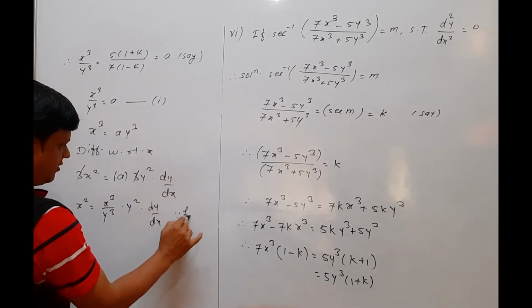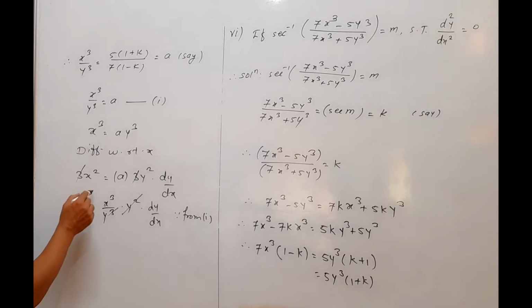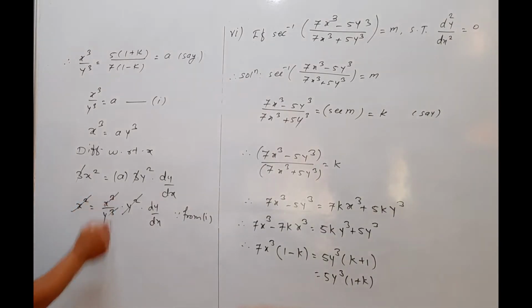So here y square gets cancelled with the y square from y cube, and x square gets cancelled from this x cube. So we write this as y upon x is equal to dy by dx.